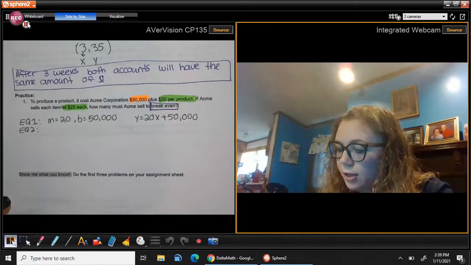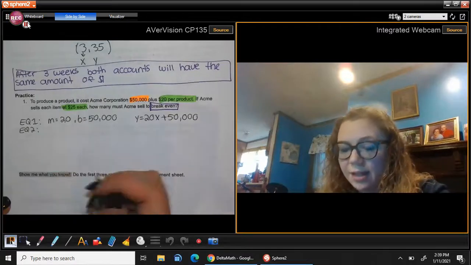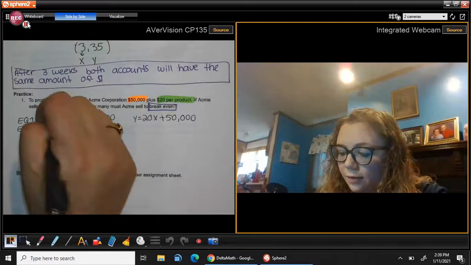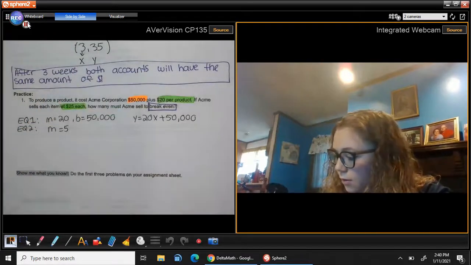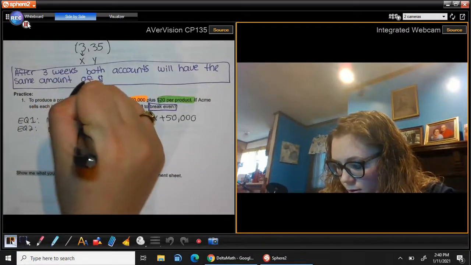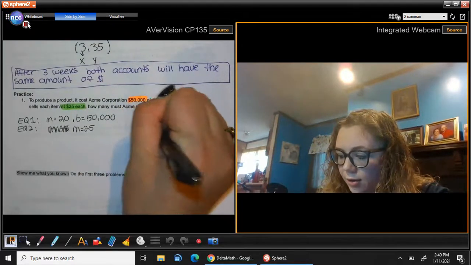So my equation 2, $25 each. This is like a scenario: scenario 1, scenario 2. If they just have it selling at $25 each, when will they break even? So this time I have 25x.